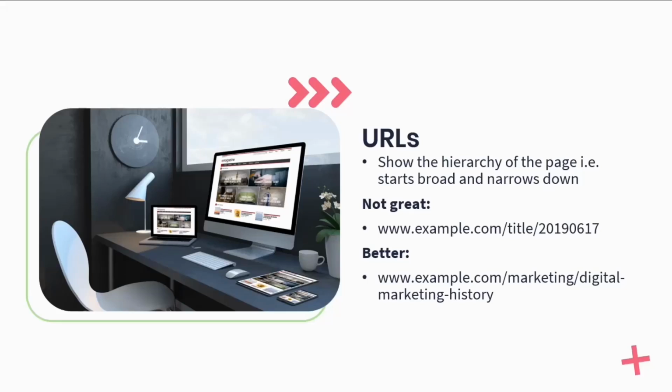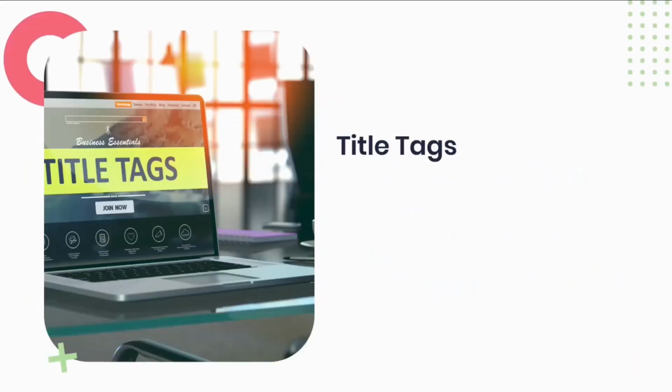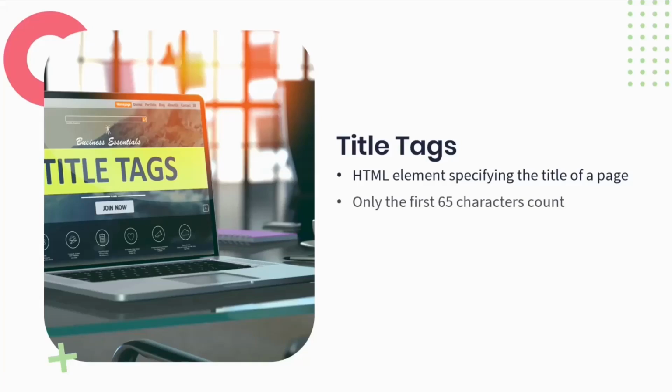The next place a search engine would look would be on the title of the page, and in HTML terms, it's a title tag. We looked at this in lesson 5 of module 1, but just to recap, because it is important, only the first 65 characters of a page title or a title tag count. So Google does look at all of the characters, but it only really cares about those first 65.